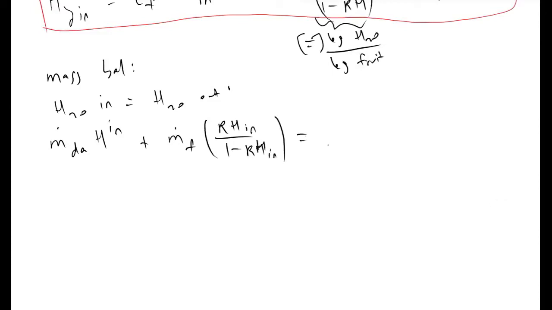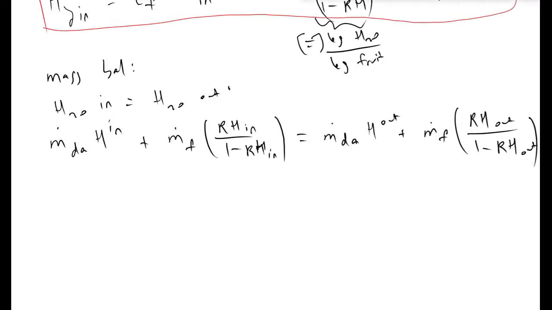This side must be equal to the mass flow of the dry air exiting our system times the humidity of that exiting airstream plus the mass flow of the fruit times the relative humidity of the fruit leaving our system divided by 1 minus relative humidity out.